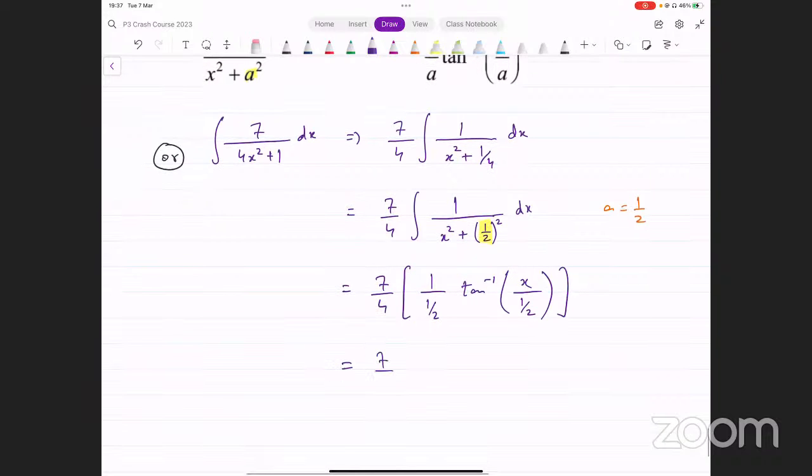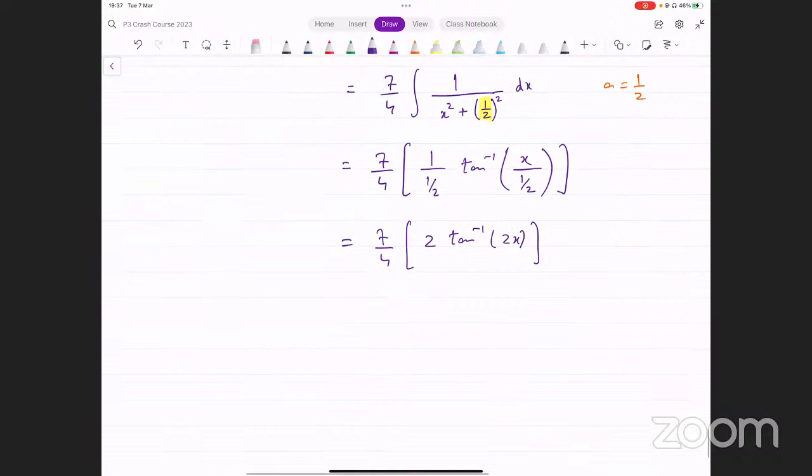Now 2 goes to the numerator there. It becomes 2 into tan inverse of 2x. 4 and 2 get cancelled. You're left with 7 over 2 into tan inverse of 2x plus c.